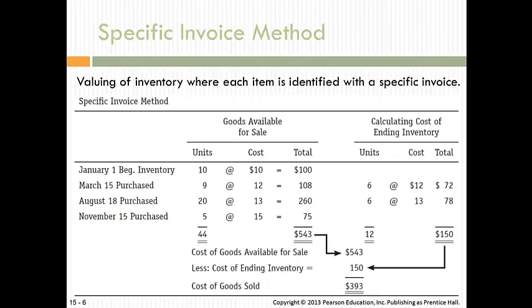That means the 12 rakes in ending inventory are valued at $150. If the total cost of goods available for sale was $543, and we subtract the actual cost of ending inventory of $150, cost of goods sold is equal to $393.